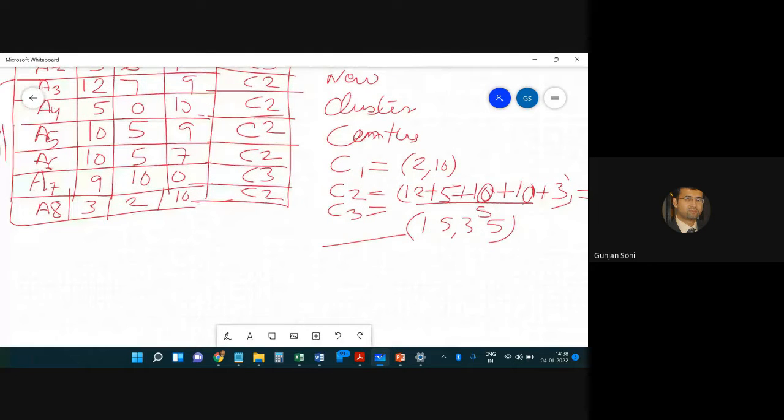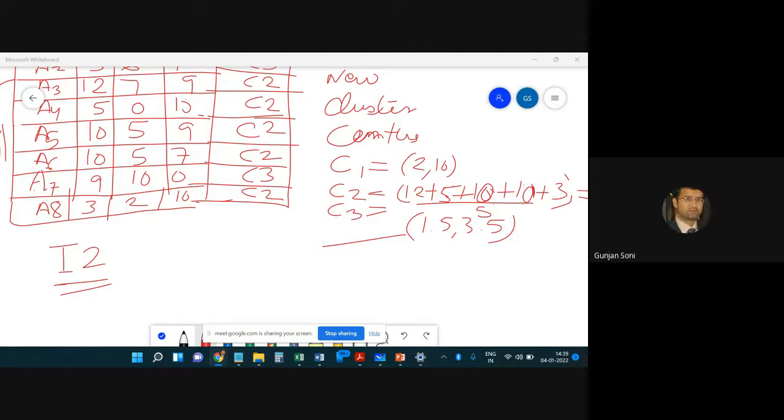Now, what do we do next? Can anyone tell? So our iteration 1 is totally complete. We get new cluster centers. Now we are ready to do iteration 2. Now all of you will have to send me the revised table for iteration 2 and the new cluster centers for iteration 2.